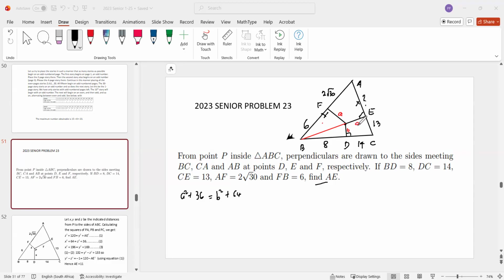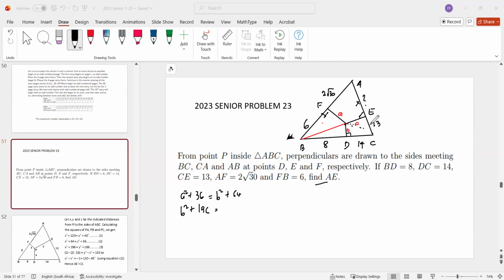And likewise, if I join that, then I've got B squared plus 196. 14 squared is 196. B squared plus 14 squared is equal to this diagonal squared.